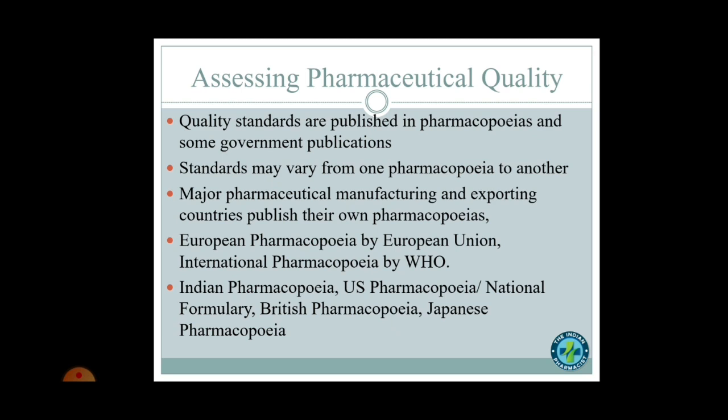The European, Japanese, and US pharmacopoeias are engaged in ongoing efforts to harmonize some of their standards, but progress is slow. Until common standards are finally achieved, purchasers must specify which dosage form standards are acceptable. Similarly, some major pharmacopoeias around the world are Indian Pharmacopoeia, US Pharmacopoeia and National Formulary, British Pharmacopoeia, Japanese Pharmacopoeia.